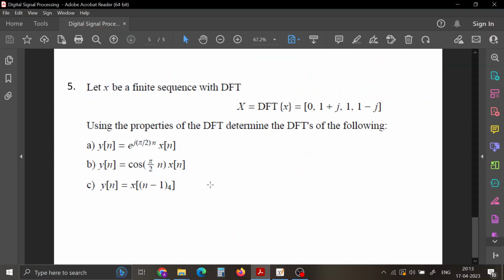So we are done with part B, and lastly for part C. In part C, the time domain sequence x of n is right cyclically shifted by 1 unit.